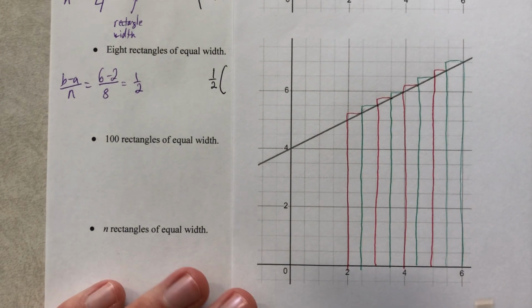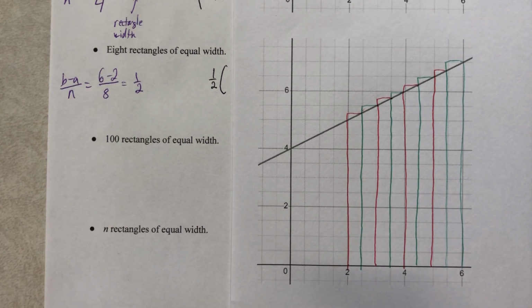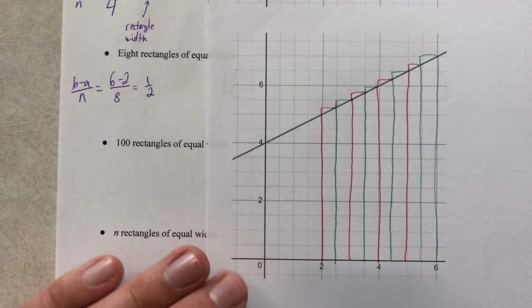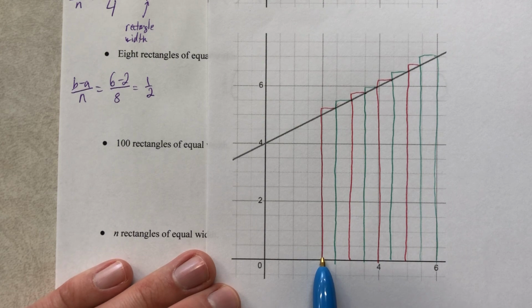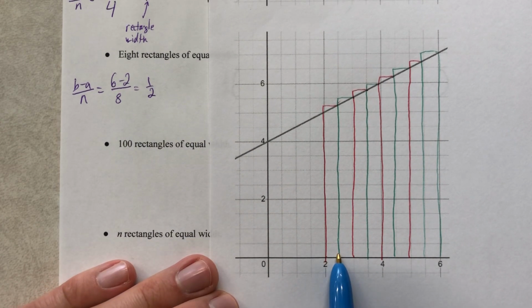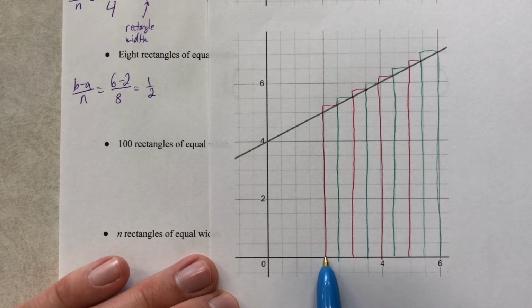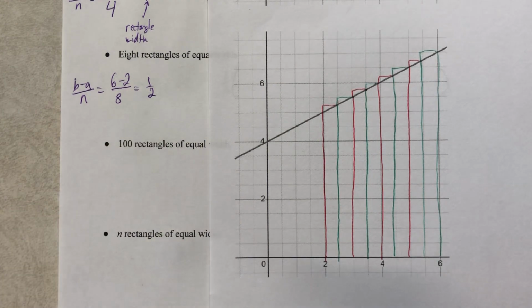So the leftmost rectangle of a right Riemann sum doesn't go all the way to the left. It goes this far away from the left. So it's based on that height right there, which is not 2, but 2.5.